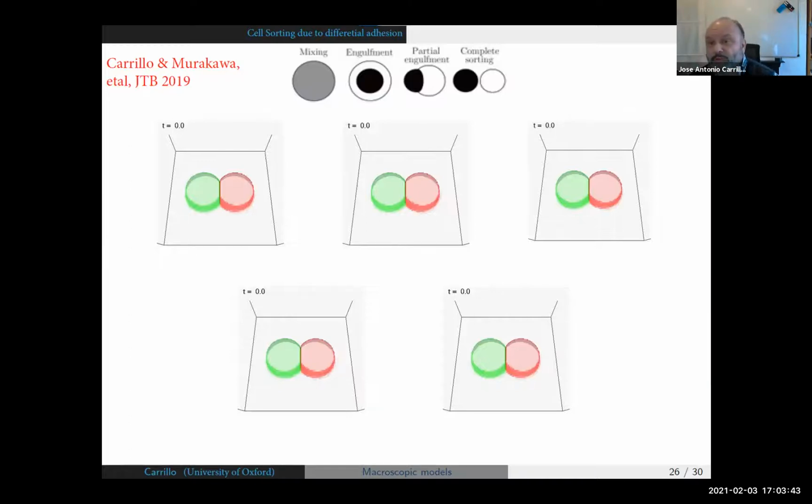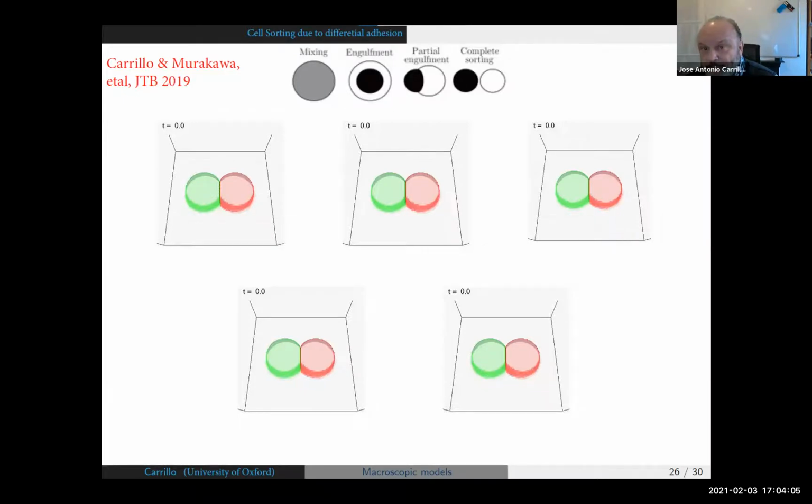And here I'm going to show you simulations trying to mimic the experiment by Togashi with 2 types of cells. This is the initial data for the system. I will explain the system that we use here in the next slide.